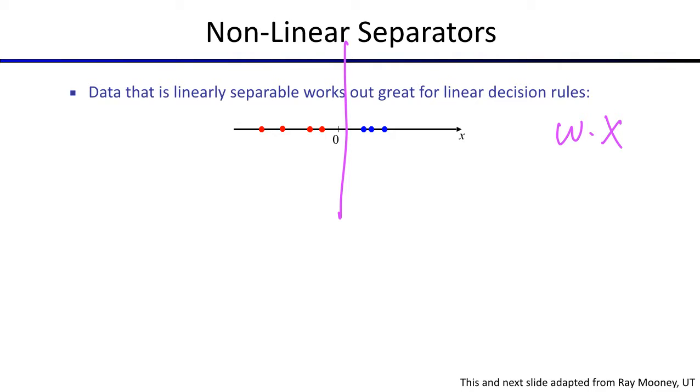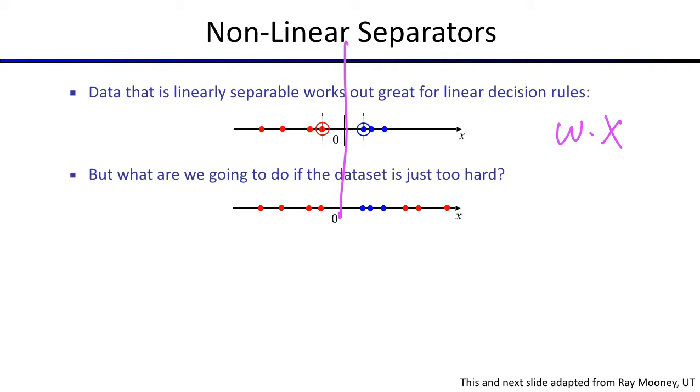We have good algorithms that will find the best possible separator as long as one exists. Where these tools start to break down is in cases where the data is not linearly separable, like we have here, where we have red points on one side, red points on the other side, and blue points in the middle. In these cases, just learning a linear classifier that acts only on the input features that you're given is not going to be able to do anything meaningful on this data set.